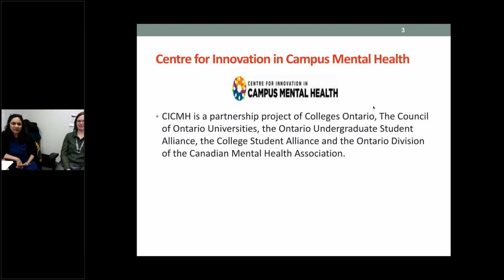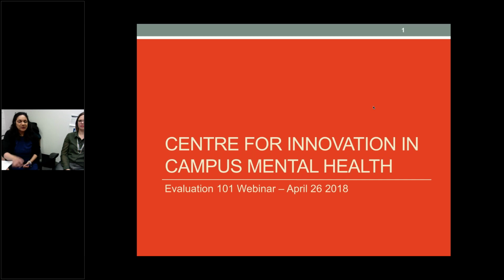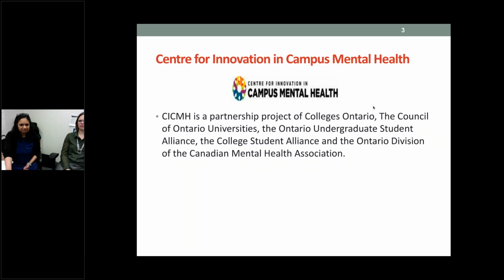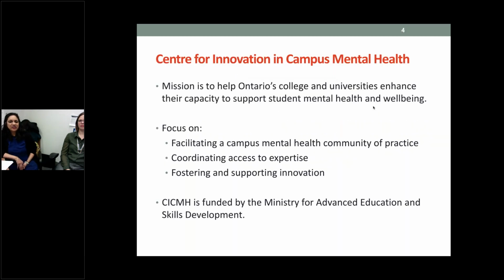So I think most of you are familiar with the center. It is a partnership project, and you'll see the different organizations that are involved in the partnership. The mission of the center is to support Ontario's colleges and universities to enhance their capacity to support student mental health and well-being. And in order to achieve this mission, the center focuses on some key activity areas.